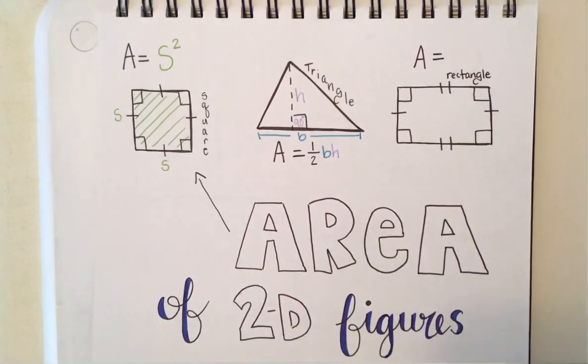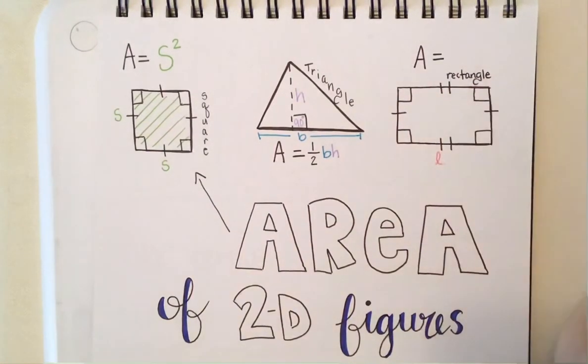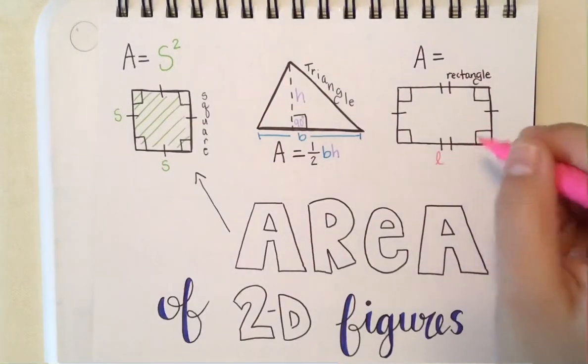All right, so we have our rectangle right here. Now this guy has a funky little letter, and I think they make the L like this, like a cursive L, because they don't want us getting confused with a 1.